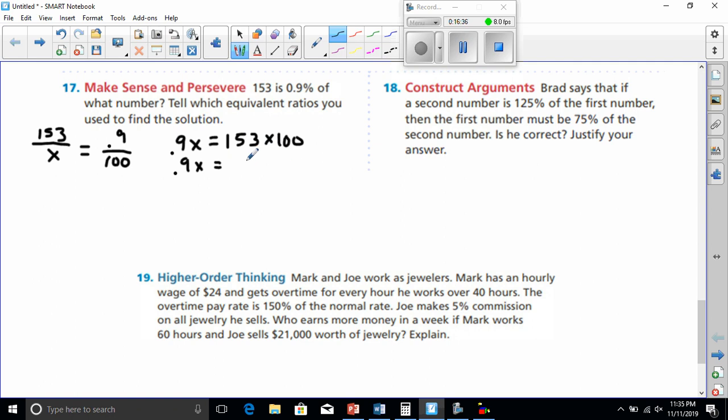But I can multiply these together. That'll give me 15300, which is 15,300. Now I have to divide away 0.9 so I can get x by itself. But whatever I divide from one side, I have to divide from the other side.